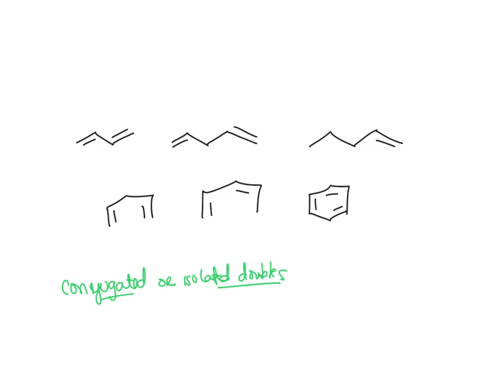Now, what I do is I do my hybridization. So you have this carbon here, and it has two hydrogens. So just a review of hybridization there. That carbon is bonded to 1, 2, 3 things, so it's sp2. This carbon, if you put in the hydrogen, is bonded to 1, 2, 3, that's sp2. This carbon, you can put the hydrogen in and see that's sp2.